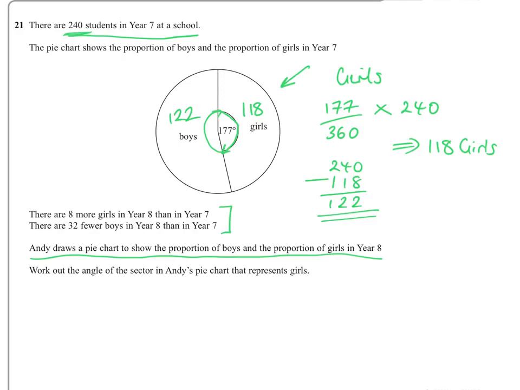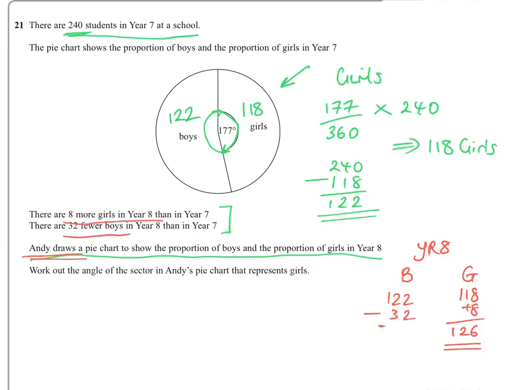Now once we've got that, we can then look at the information that Andy needs to draw his pie chart. So if we look at Year 8, boys and girls, it says there are 8 more girls in Year 8 than there are in Year 7, so the amount of girls is going to be 126. And then in terms of boys, it says there are 32 fewer boys.